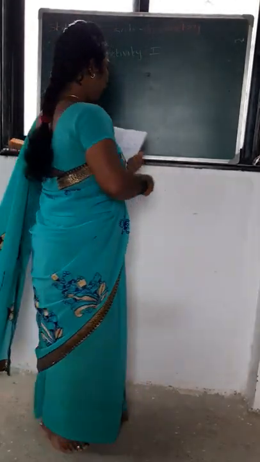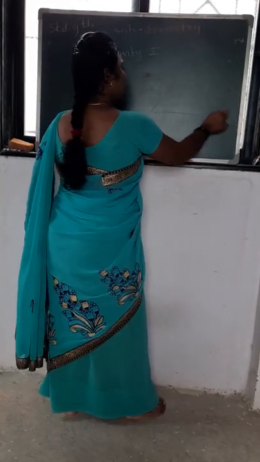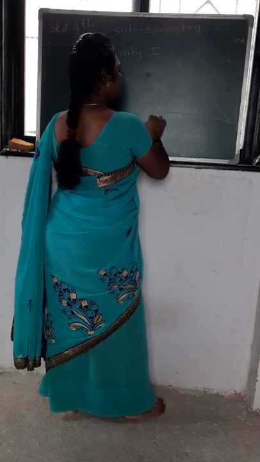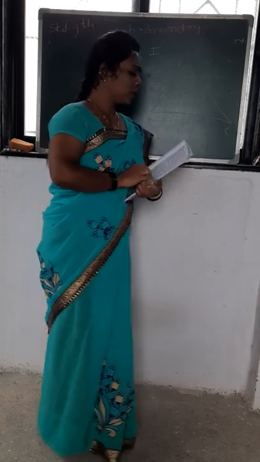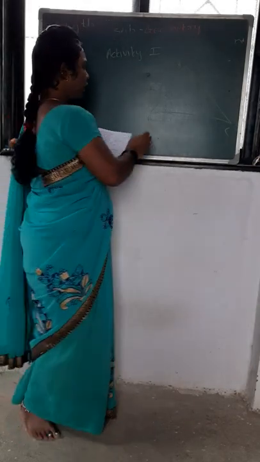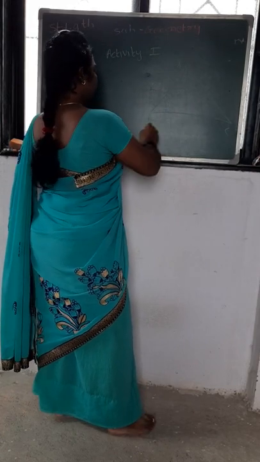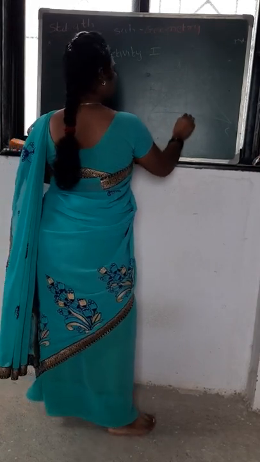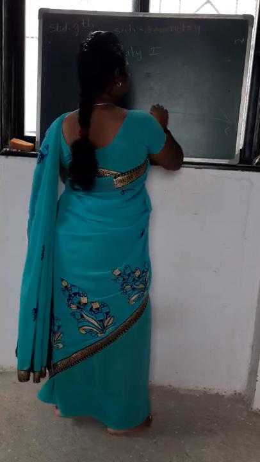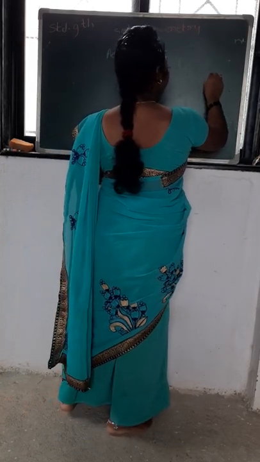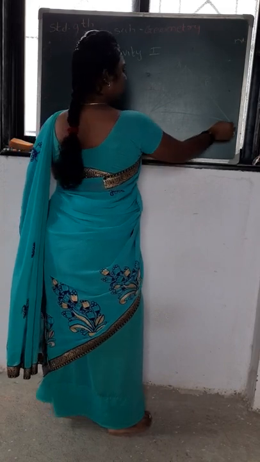We'll draw one triangle ABC. Then draw median AD. Next, draw the second median BE. And the third one is CF.